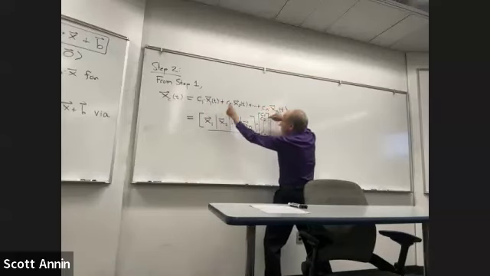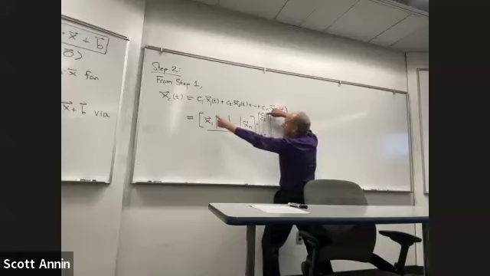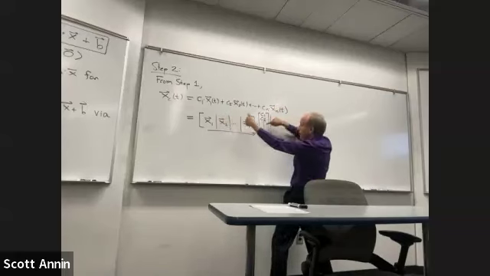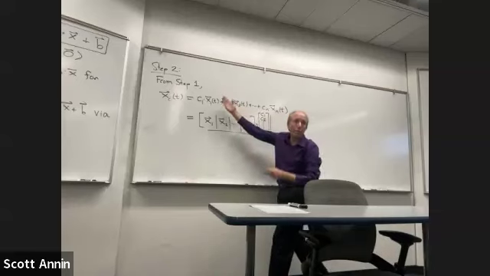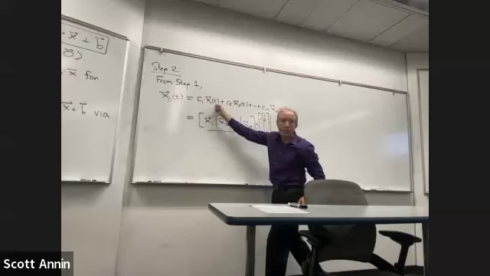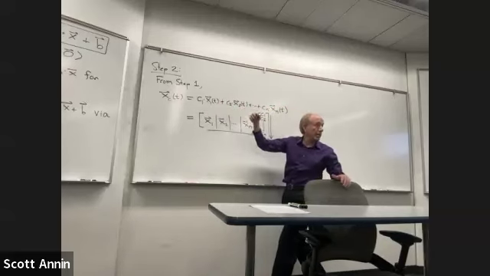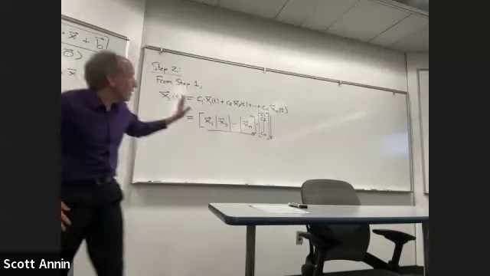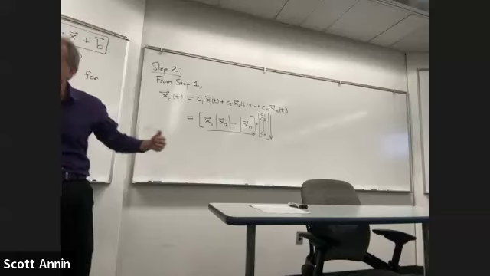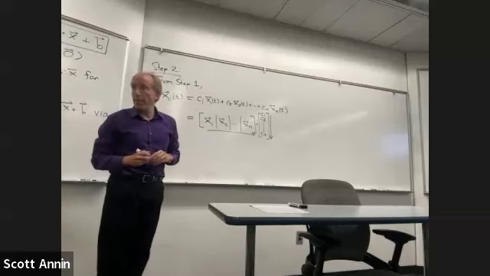So c2 will only touch x2, c3 only touches x3. xn and cn are lined up. So it exactly matches what we have above it. c1 multiplies x1, c2 multiplies x2, c3 multiplies x3, and so on. This is literally just a way of rewriting what's on the line above.